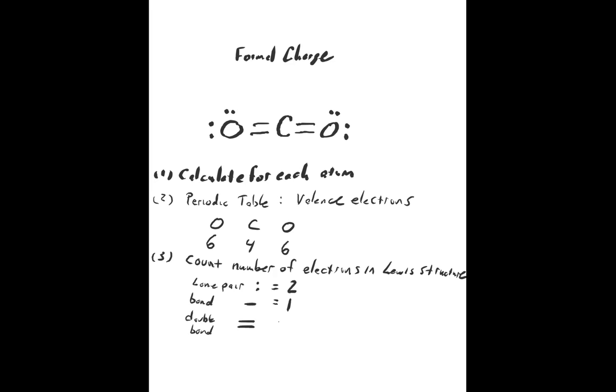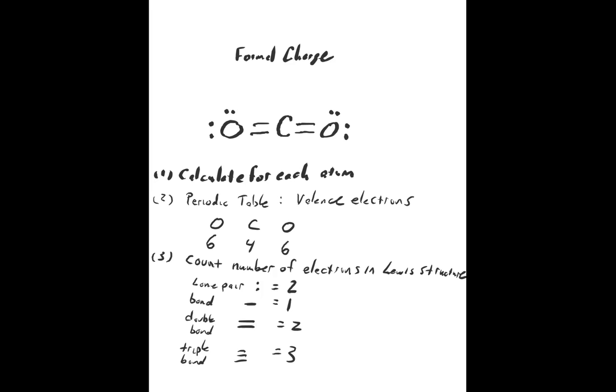It counts as 2 electrons. And then a triple bond, it counts as 3 electrons. Okay? Each atom gets that number of electrons. So we're dividing them up, right? So when you do Lewis structures, you don't divide them up, but when you do formal charge, you divide them up. Okay?